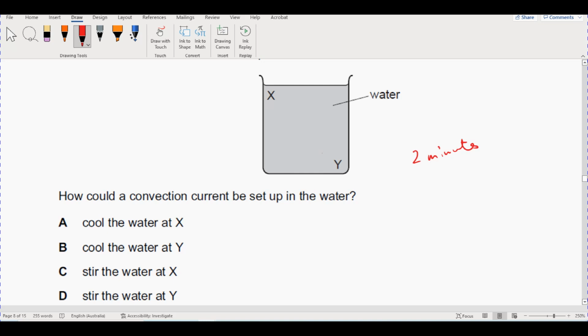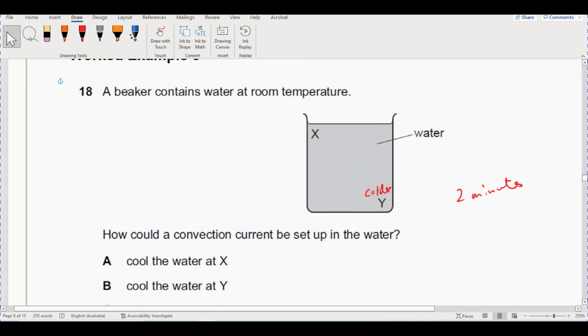If this area becomes colder, what happens? Because we know cold water can't rise, and it has nowhere to go because it's already cold. So it's not going to work.